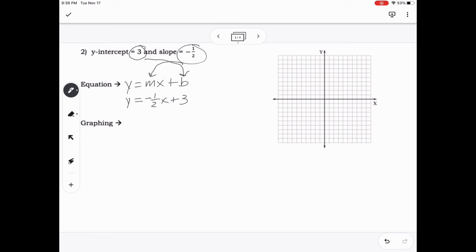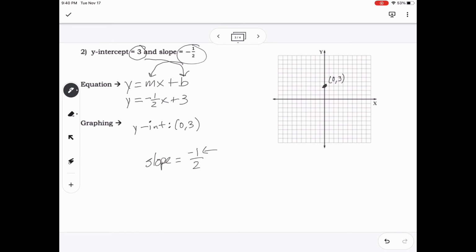Okay? So graphing wise, my y-intercept is the point 0, 3. So I go up from the origin 1, 2, 3 to that point right there. So I'm going to mark it and label it. Now I want to use my slope, which is -1/2.